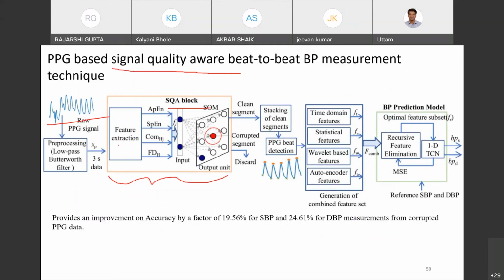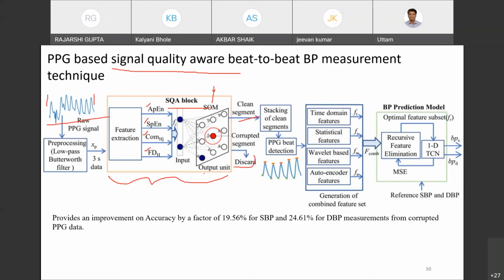Here feature extraction was done using approximate entropy, spectral entropy, Hjorth parameters, and Higuchi fractal dimension for every 3 seconds of data, using a self-organizing map, which is an unsupervised pattern classifier. This provided whether the 3 second data is a clean segment or a corrupted segment.